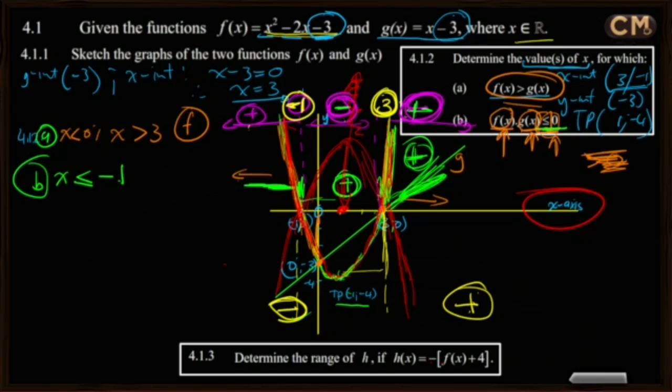We'll tackle it in orange. So 4.1.3, of course. h of x is equal to negative f of x plus 4. Now remember, just as we can substitute an x value, we can substitute a y value as well, and we do have the function in turning point form, which is what will be preferred.